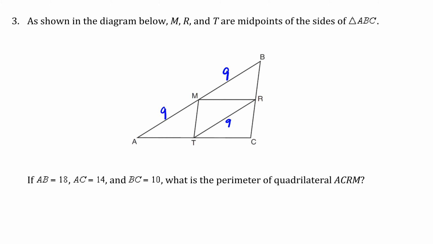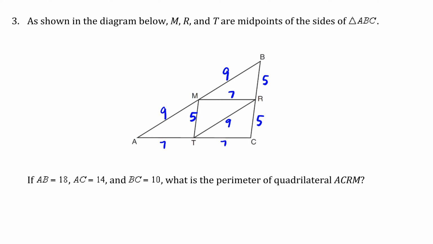It then tells us that AC is 14, meaning AT and TC are both 7. MR is the mid-segment parallel to that base, so that's also 7. If BC is 10, that means BR and RC are both 5. Notice MT is parallel, so MT is also 5.